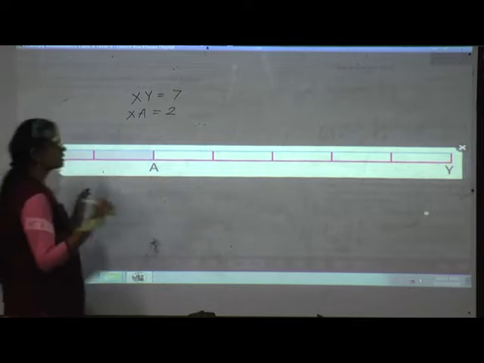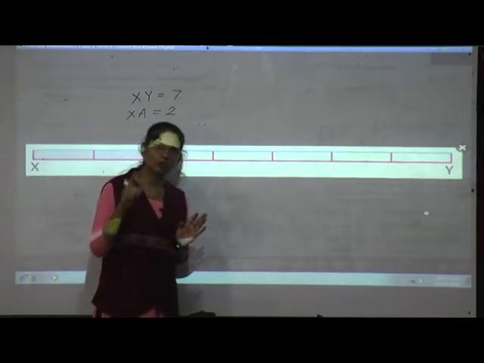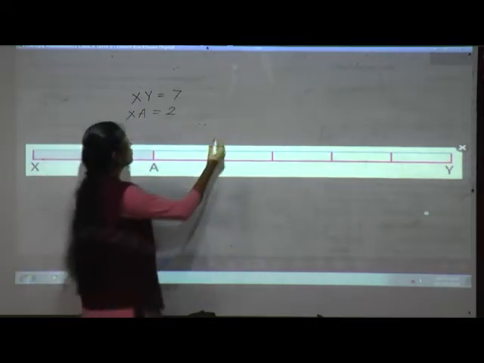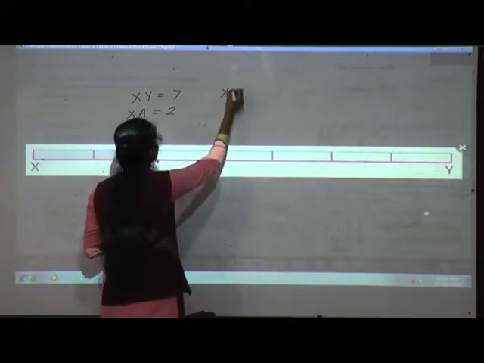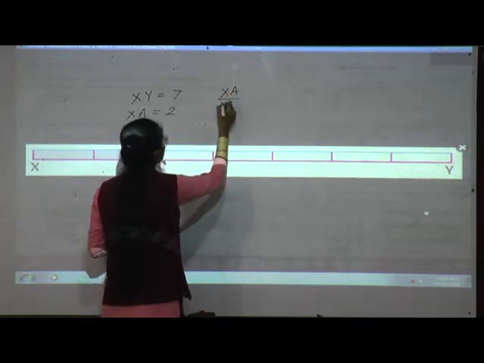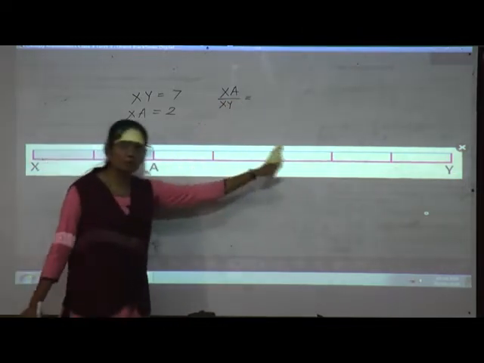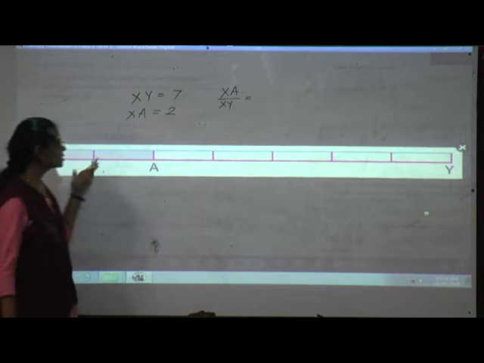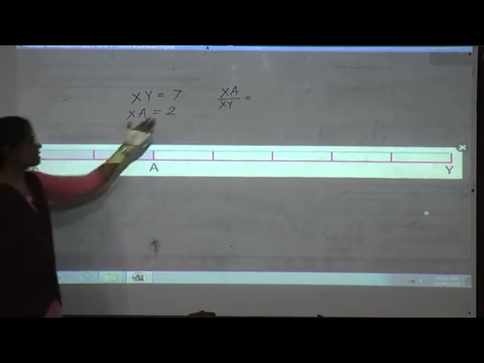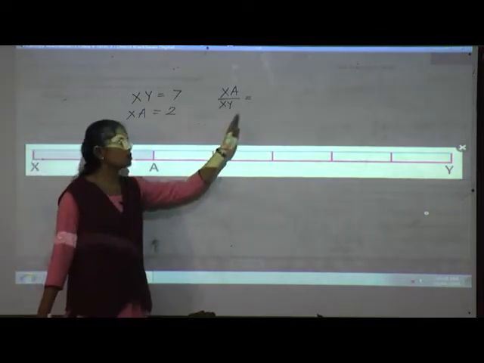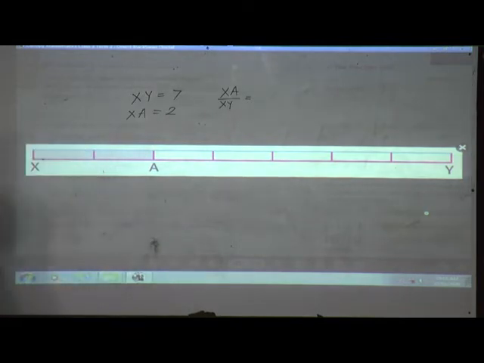Okay, now see students, I have to write the fraction of the shaded part. So what is the fraction of the shaded part? XA by XY. XY means total parts and XA means shaded parts. So how will you write the fraction of shaded part?